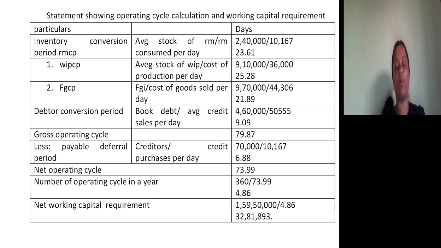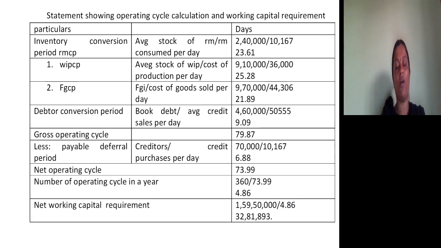We'll arrive at gross operating cycle of 79.87 days minus payable deferred period. Payable deferred period arises when you purchase goods on credit. Here it is clearly given raw material purchase is equal to raw material consumption. So raw material consumption per day we have taken as raw material purchase. So 70,000 is creditor divided by 10,167 is 6.88.